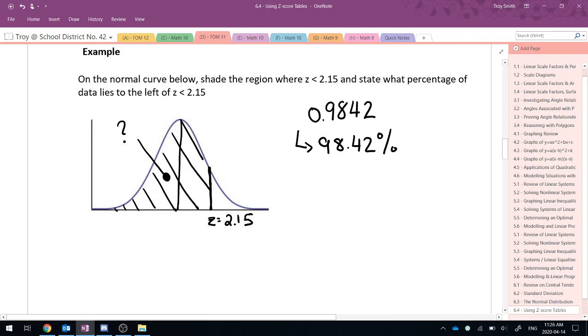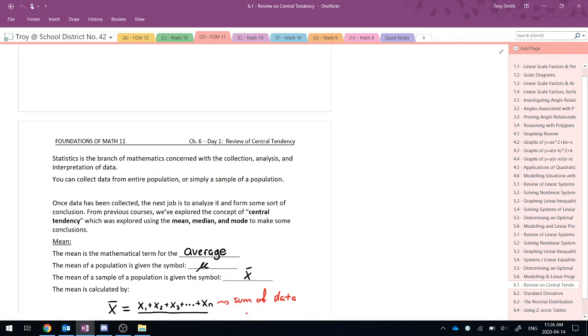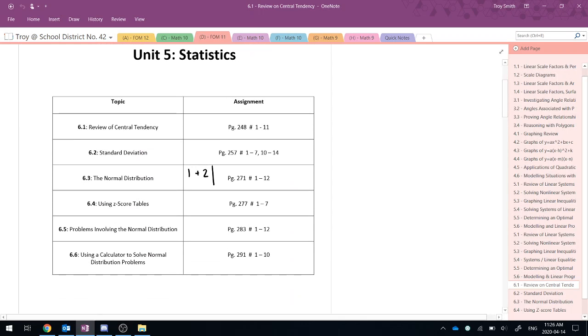Okay, so let's see what I want you guys to do for practice this week. That is going to be 6.4, on page 277. Just let me bring it up here for myself. So I'll have you guys do question 1.